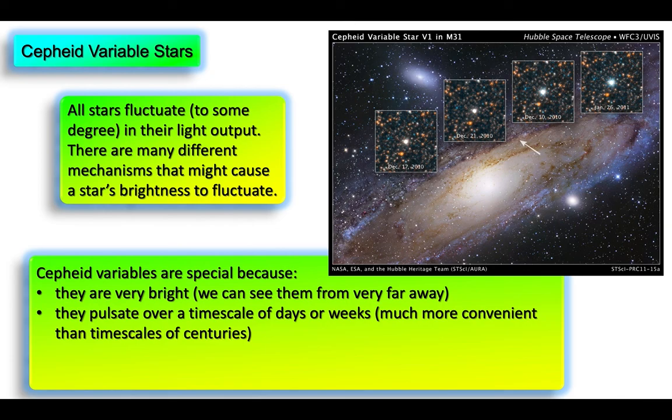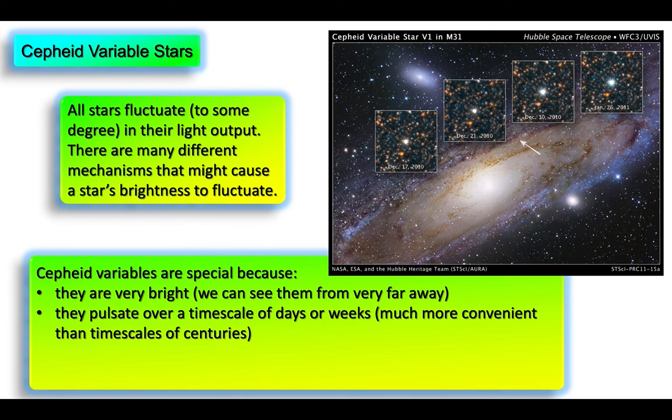Cepheid variables also pulsate over a time scale of days or weeks. Now, the sun has a whole lot of different reasons that it fluctuates in the amount of light it gives off. It does not fluctuate much, but it is detectable. Now, imagine a star that changes its brightness over a period of 200 years.